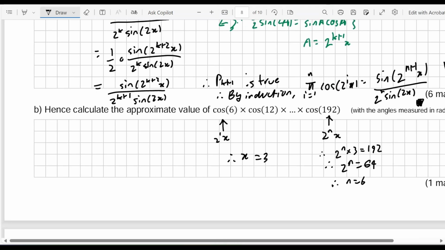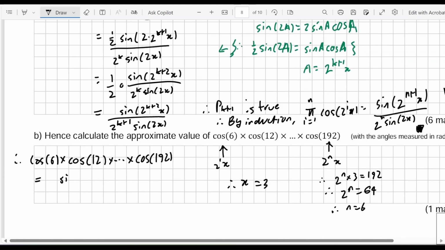So, therefore, cos of 6 times cos of 12 times up to cos of 192 is going to equal sine of 2 to the power of 6 plus 1 times the x value, 3, over 2 to the power of 6 times sine of 2 times 3.